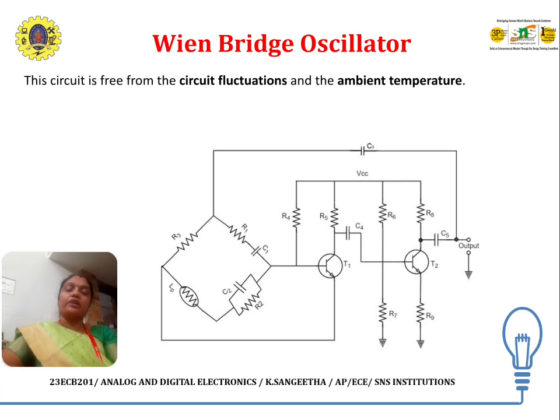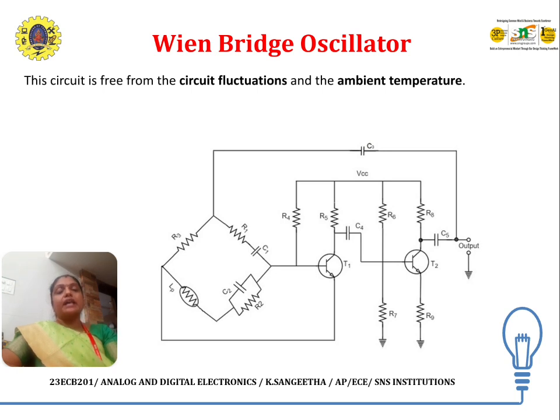The main working of a Wien Bridge oscillator is that when the switch is on, the Wien Bridge network produces oscillation, and it is given to the T1 transistor. It acts as an amplifier plus oscillator.